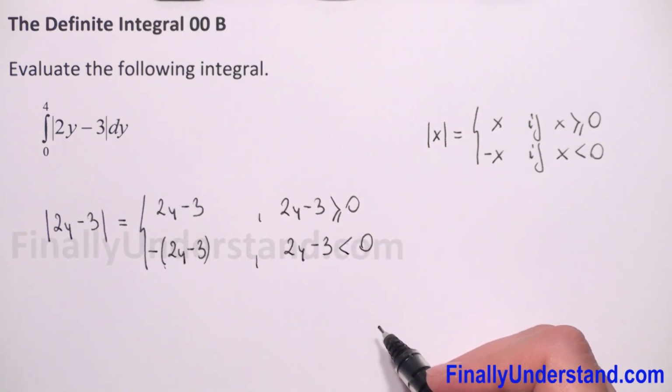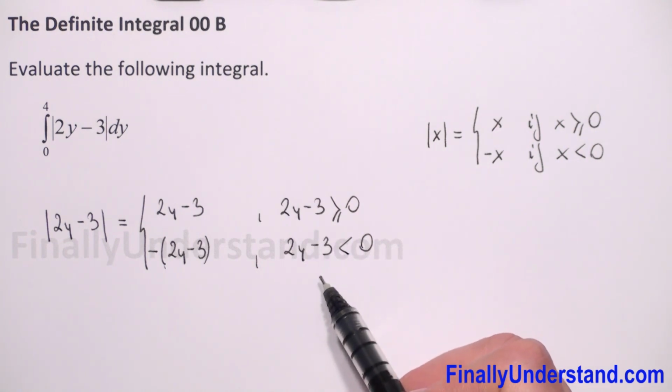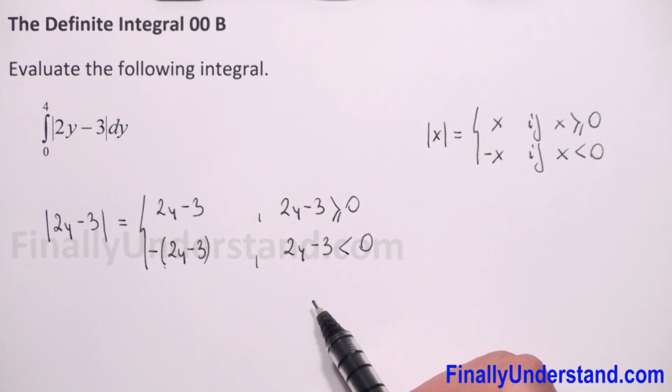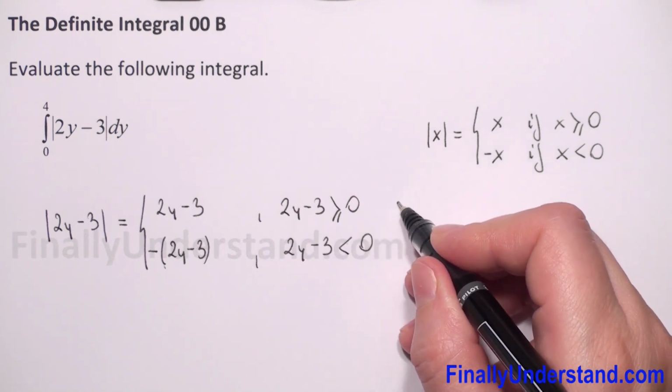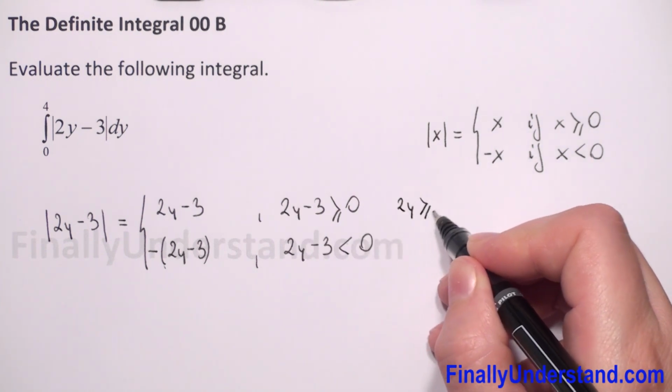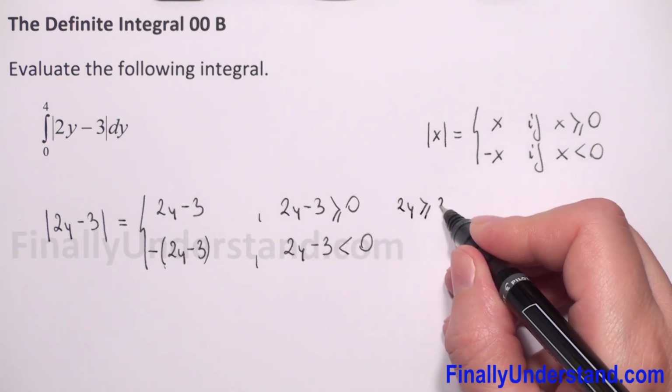Now we have to solve these two inequalities to determine where the quantity on the inside of the absolute value bars is negative and where it's positive. So let me solve this inequality. 2y is greater than or equal to, I will move negative 3 to the right side, so it will be 3.